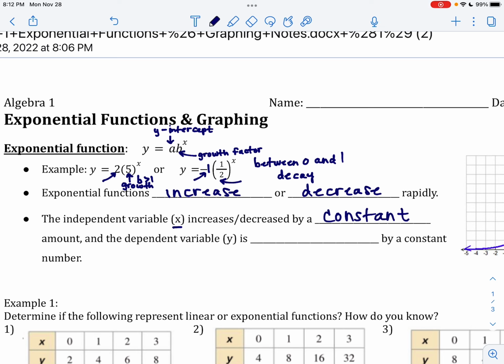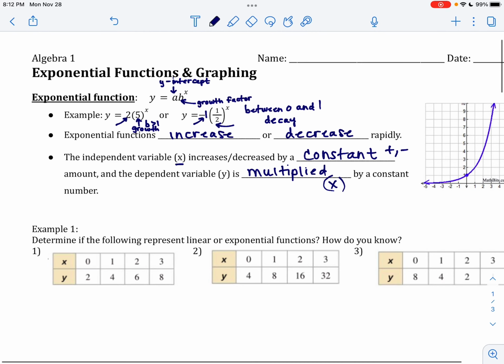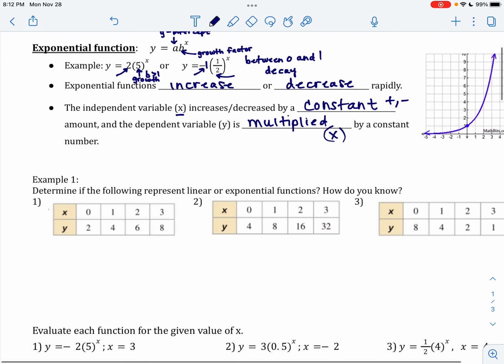So the x is by a constant amount. It's going to increase or decrease, which means it's going to be a plus or a minus. And the dependent variable is multiplied by a constant number. So it's going to be times some number. So we're going to take a look at what that means.